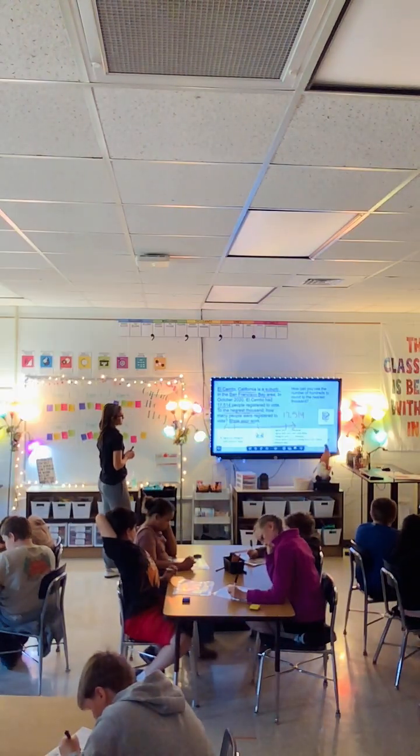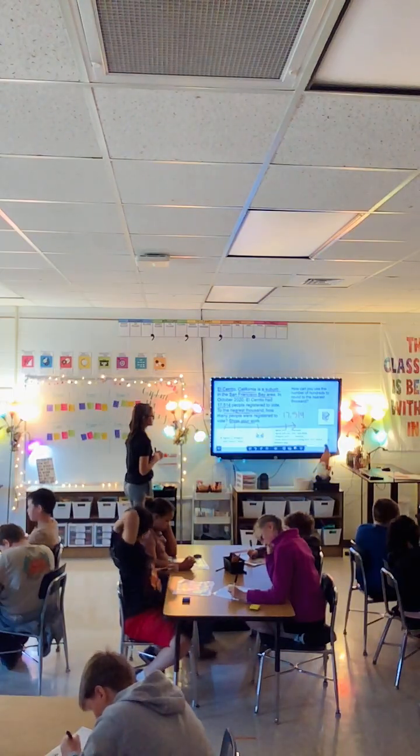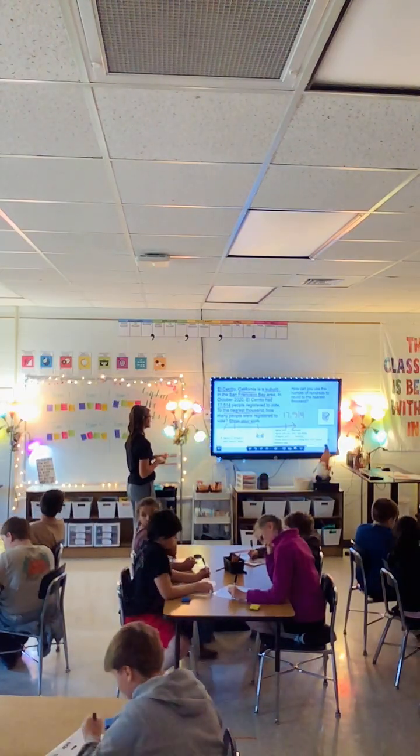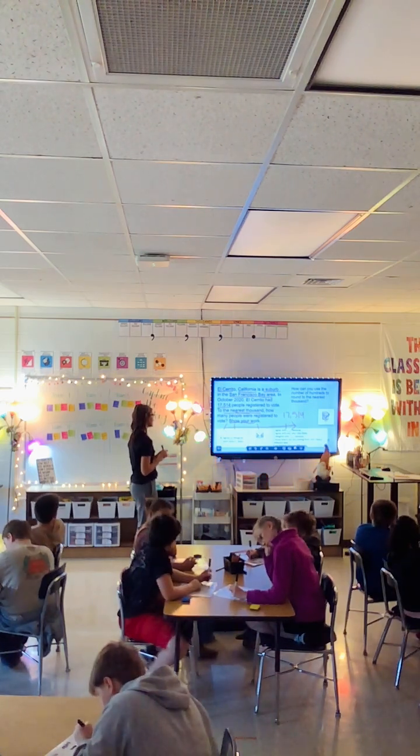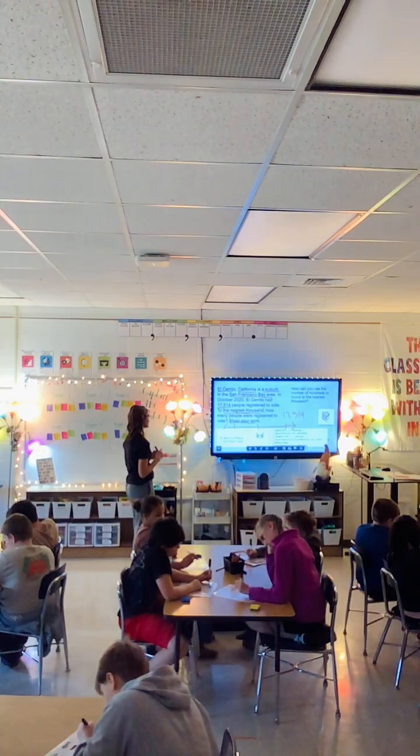Make sure you get something down on your number line so you're prepared to share with your partner if you agree or disagree with their idea. Even if you don't know, I need you to attempt to put something down.